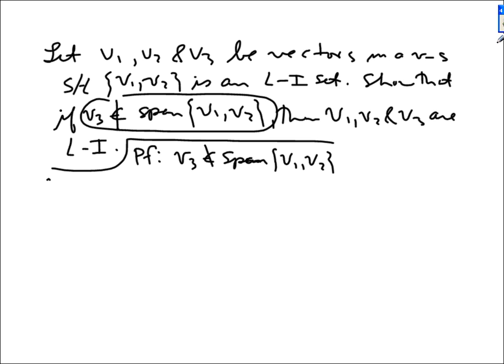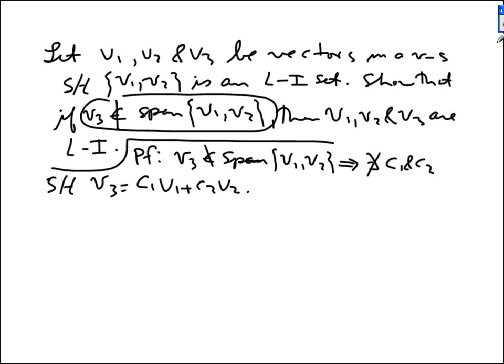This implies there do not exist C1 and C2 such that V3 equals C1 V1 plus C2 V2.